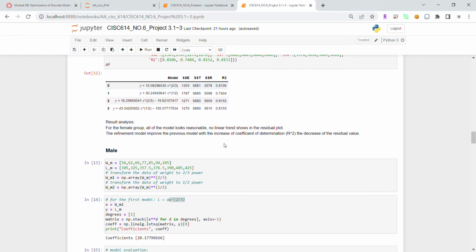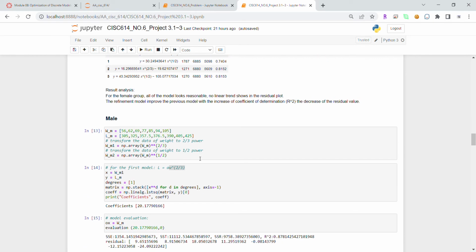So here is the data of the male, and first we transform the data to the model we're going to create, and then we do the same thing as what we did in the female group. So the first model is liftability equal to A times W to the 2/3 power.